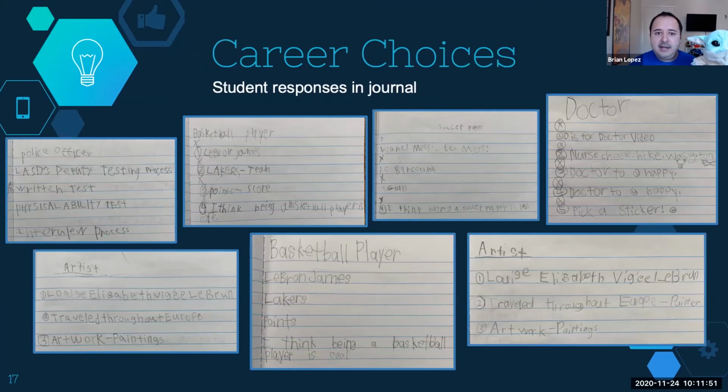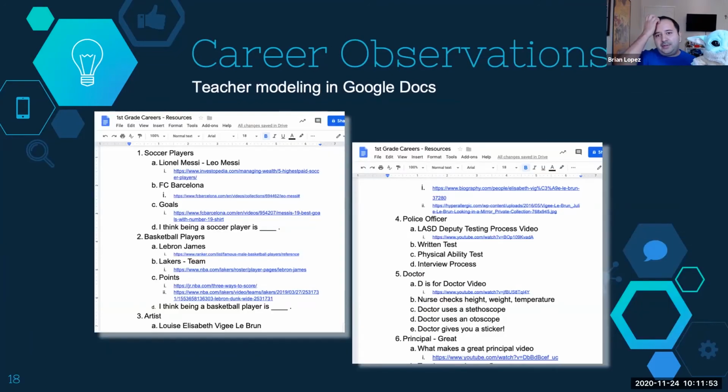So from that, we go to the career observations, and like I said, this was me, the teacher, modeling alongside them how I would document as a teacher, or like I tell them, as a fifth grader, on how to put all of their work here, because they all want to be upper grade students and not lower grade students. So I challenge them to keep me focused on being a fifth grader as well.